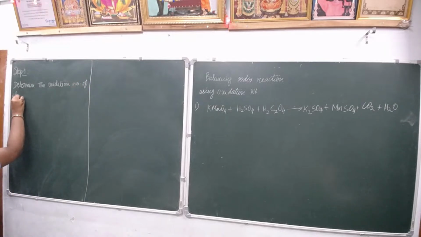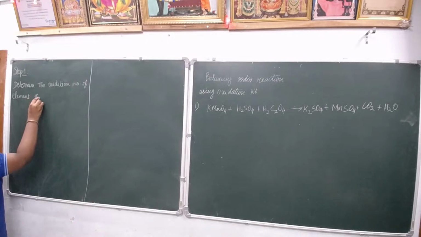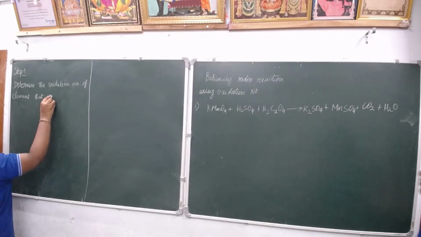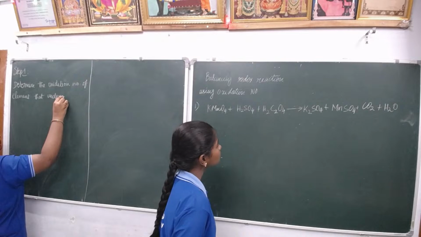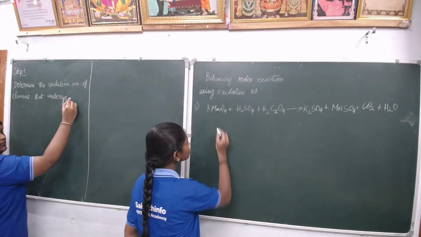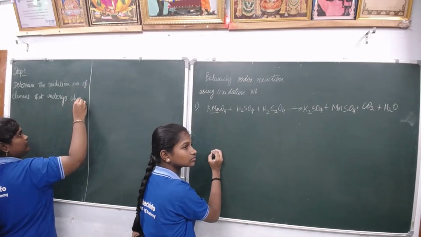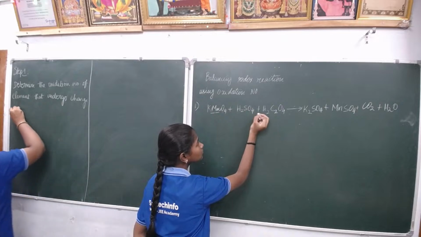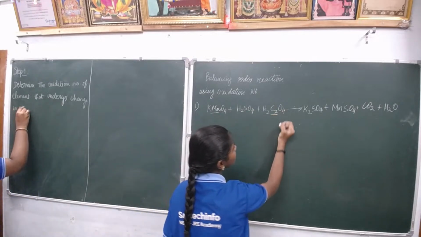What do you mean by that? Now, potassium, it is not going to change. Hydrogen does not change. Oxygen does not change. So in that case, let me underline, manganese will change. And then carbon will change. So in this case also on the product side, manganese and carbon.